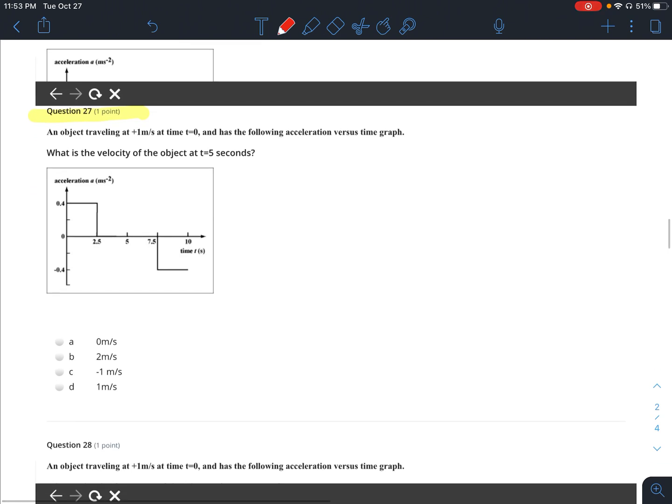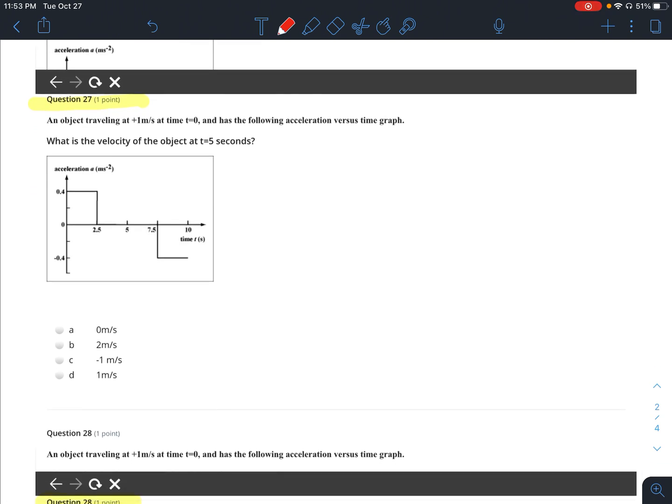Question 27. This one was a little bit more involved. This was converted, I believe, from an open-ended one. So one thing to note, for any multiple choice question, whether it's on a test, quiz, midterm, meaning our mock exam, our mock final, or the real AP exam, you want to do some time management.